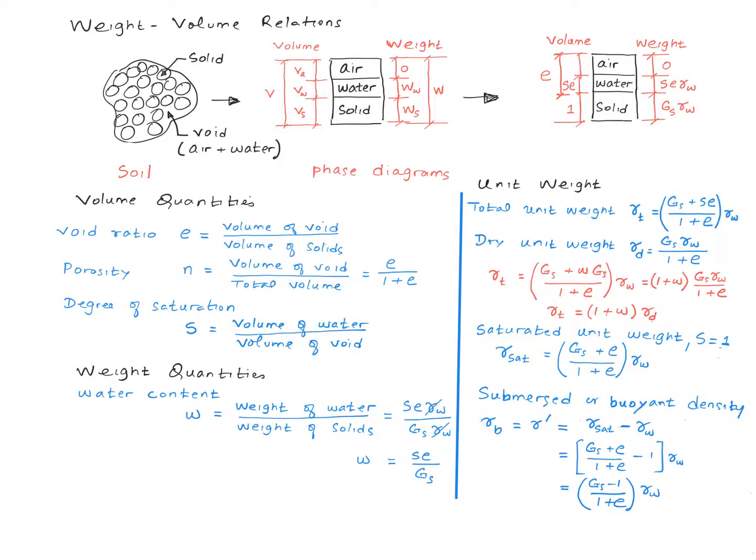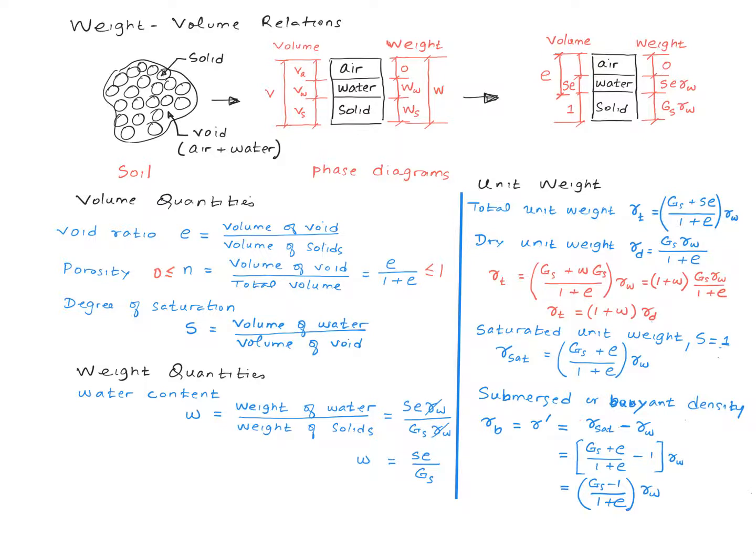Then the ratio between the two becomes equal to 1, which is the maximum value for porosity. And therefore, n has to be less than or equal to 1. Let's consider the other extreme, where there is no void in the soil. So in that case, volume of void is 0, and therefore the porosity works out to be 0, which is the other limit of the porosity.